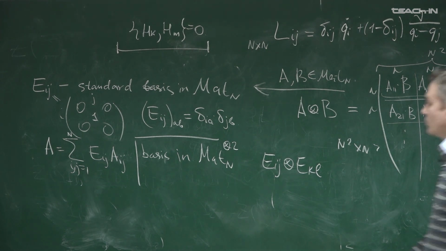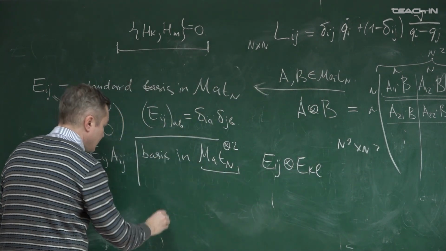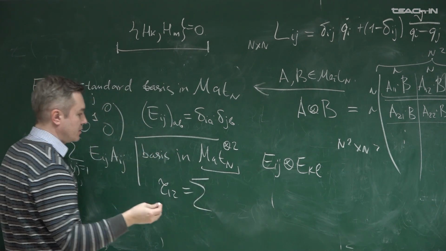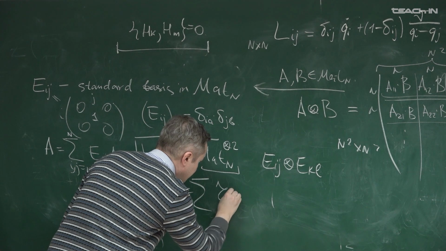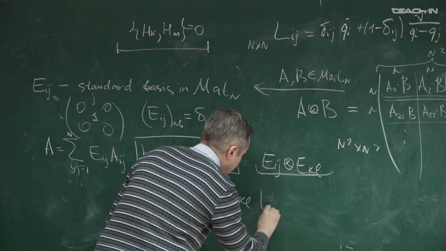So any element from this space can be written in such a general form, some Rijkl multiplied by these basis elements.